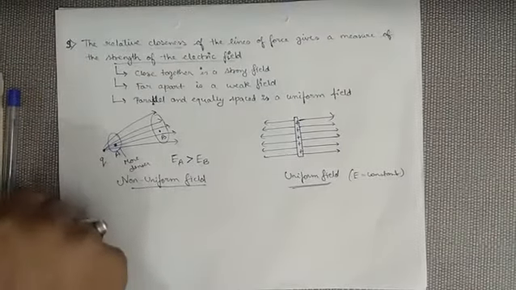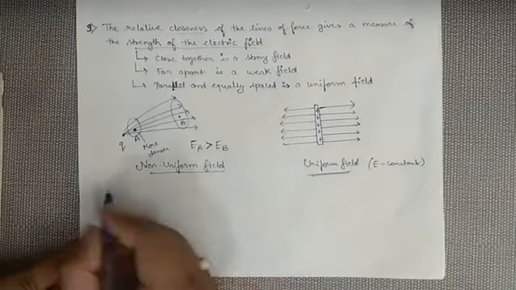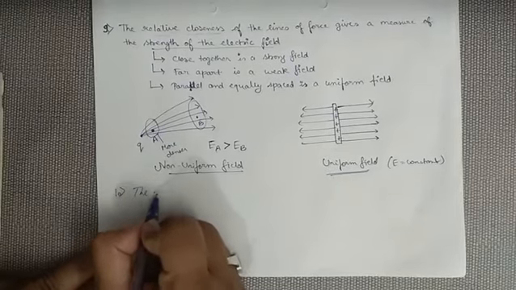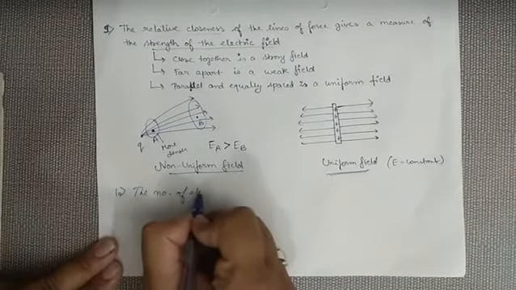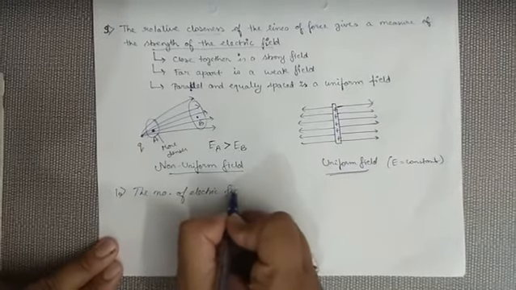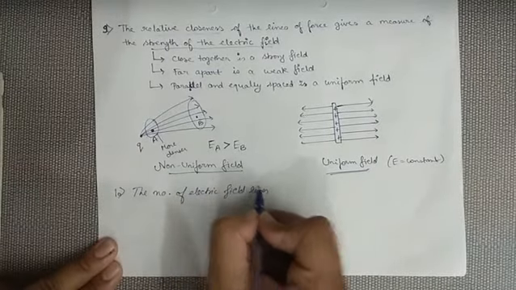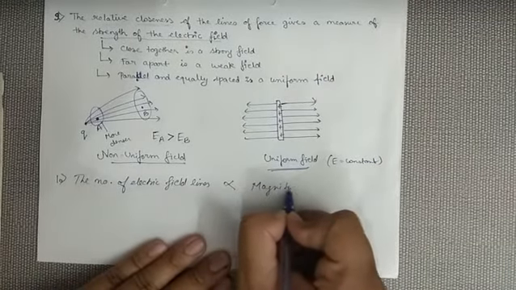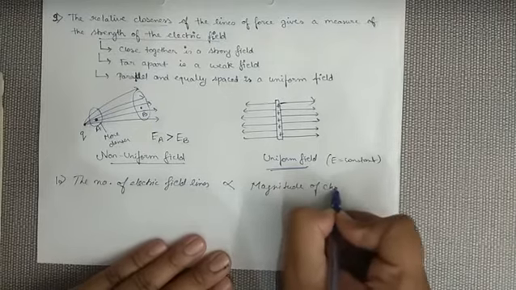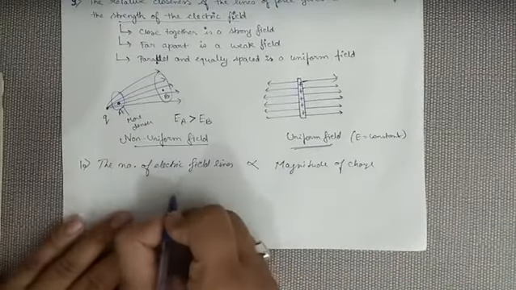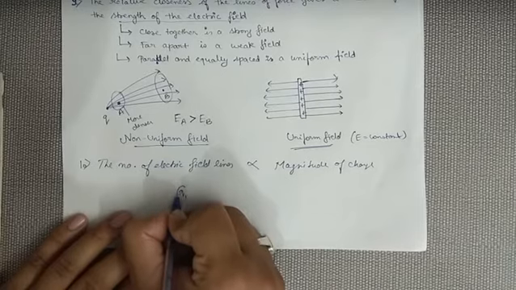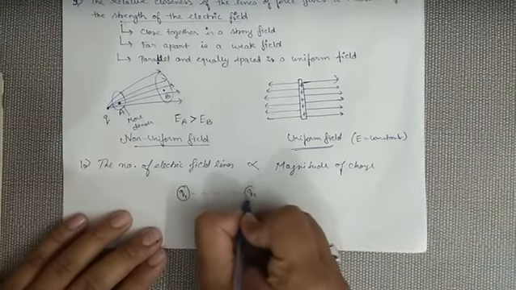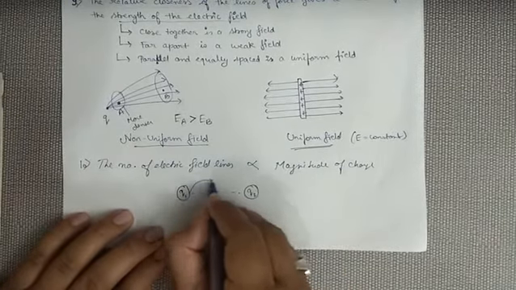One more point you can keep in mind: the number of electric field lines is proportional to the magnitude of charge. Let me explain with an example. Suppose this is charge Q1 and here is charge Q2, and these are the electric field lines.